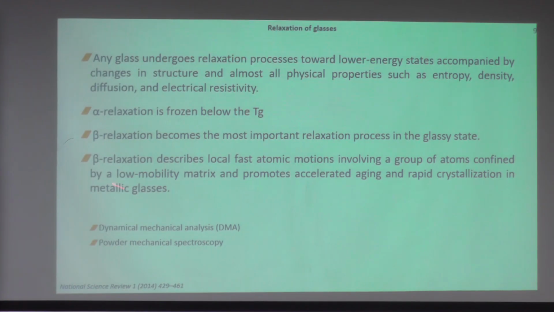So this is the common definition of beta relaxation. How do we measure and study this beta relaxation? We can use dynamical mechanical analysis, DMA, or mechanical spectroscopy.